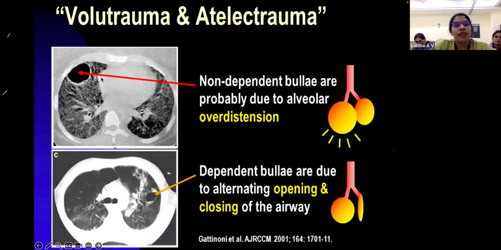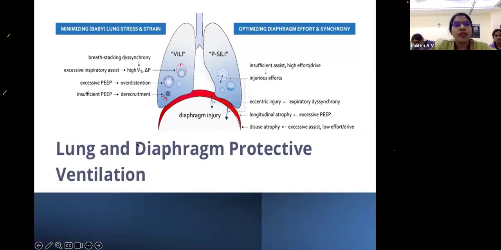If you hyperventilate the normal lungs, you can cause ventilator-induced lung injury. This is a non-dependent bulla, probably due to alveolar overdistension. So in these patients, make sure you minimize the lung stress and strain by avoiding breath stacking, dyssynchrony and not giving a lot of high tidal volume.